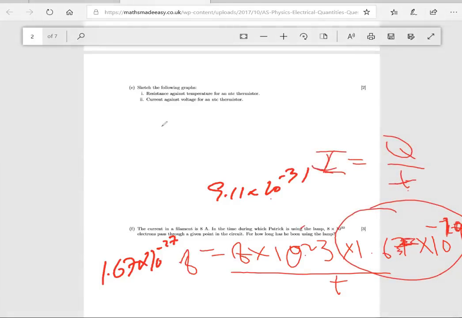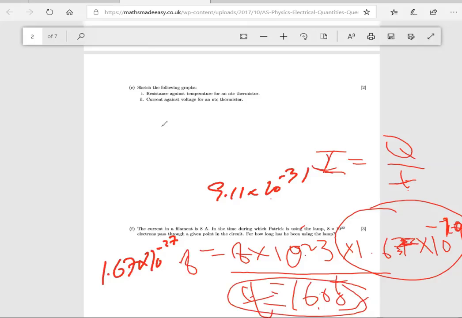Let me calculate. Minus 19 plus 23. Yeah, I got it, it equals 1,600 seconds. Yeah, 1,000. No, 16,000. No, 1,600. Oh, wait, let me check again. Okay, this is 22, not 23. Got it. Yeah, 1,600. Okay, next question.